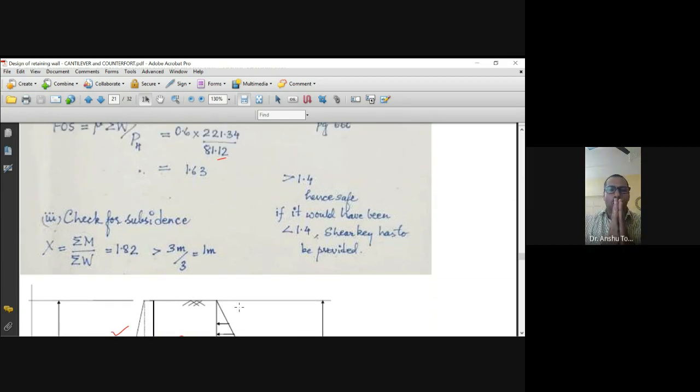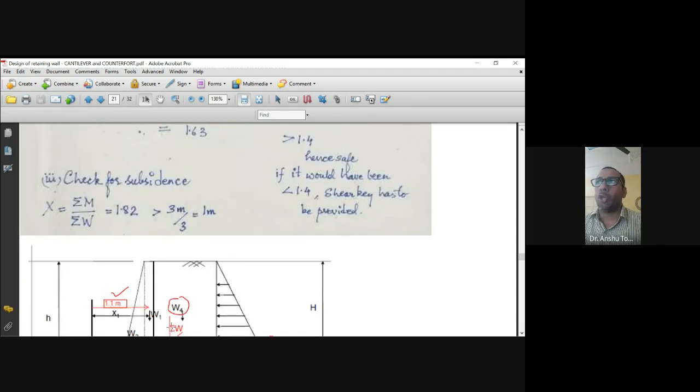That is, the overall length of the base slab divided by 3, that is 1/3. With this we check whether the value which is coming out, 1.82, is within 1/3 of the total base slab span or more than 1/3. So 1/3 is 3 meters divided by 3, equal to 1 meter. So if it is less than 1 meter, then it is okay. If it is beyond 1 meter, then we have to design accordingly. So this is only to be tabulated, what the subsidence value is.